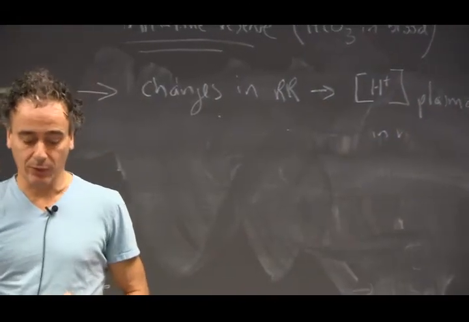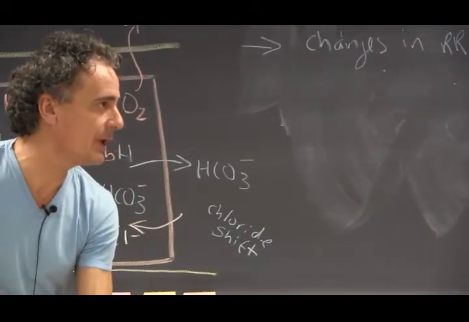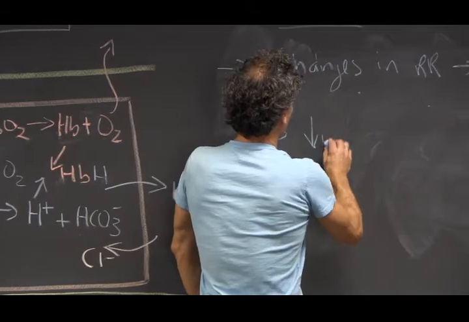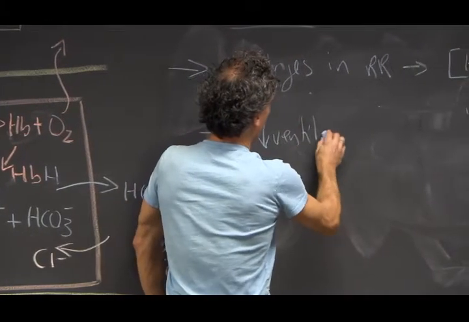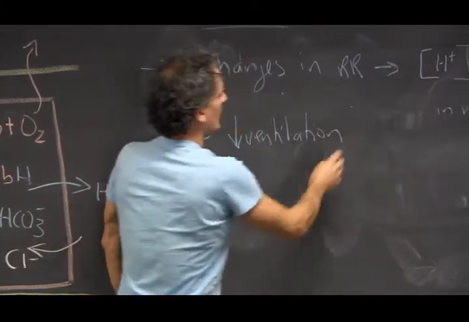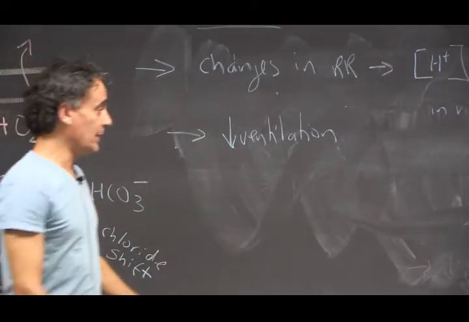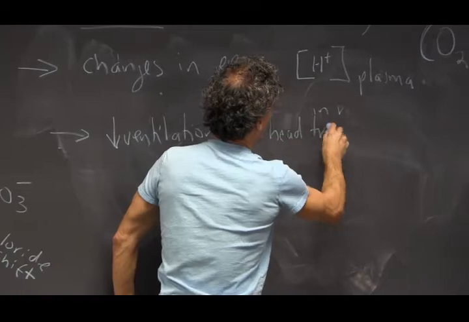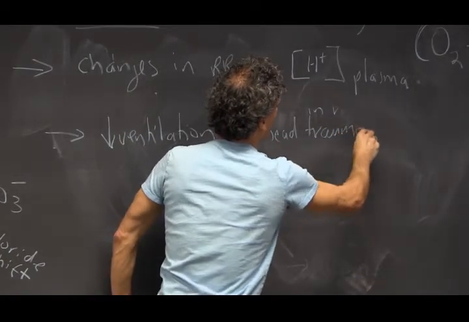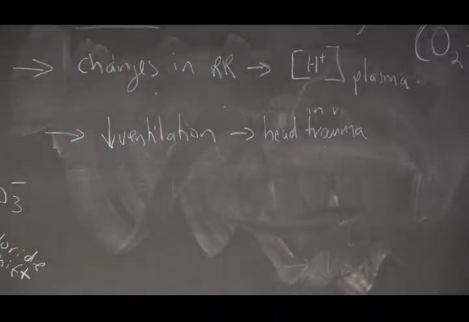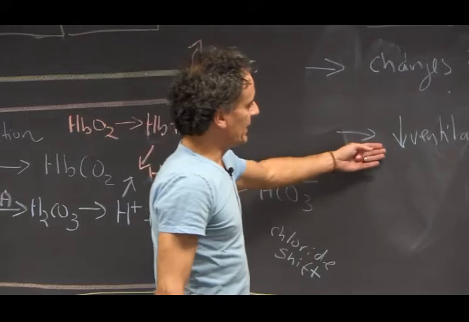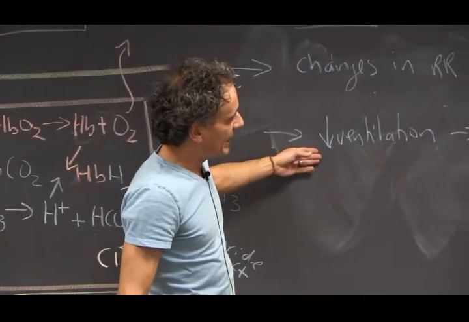The example that we will use is a scenario where there's decreased ventilation, decreased breathing, maybe because of head trauma. Or you could also use the example of COPD. But let's do this because it's more dramatic.